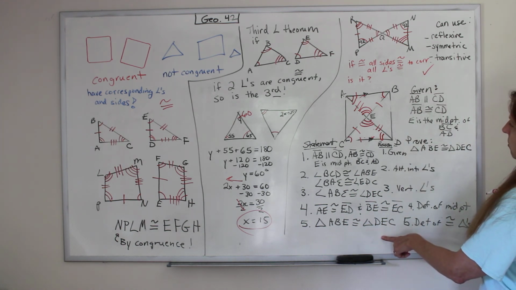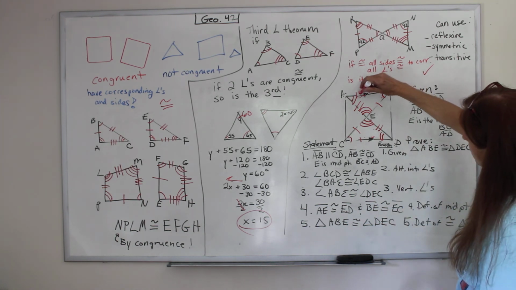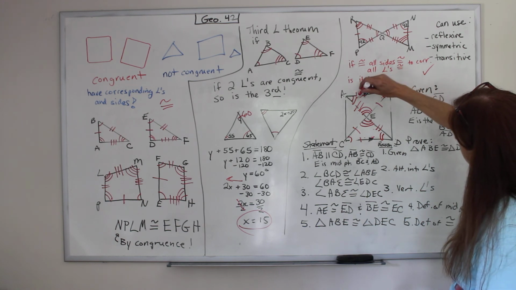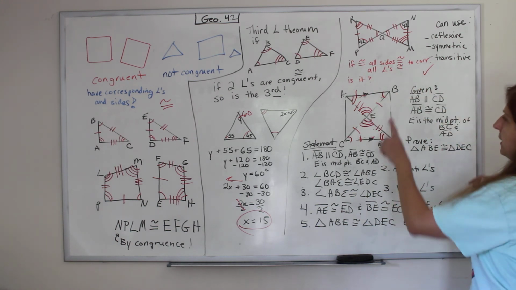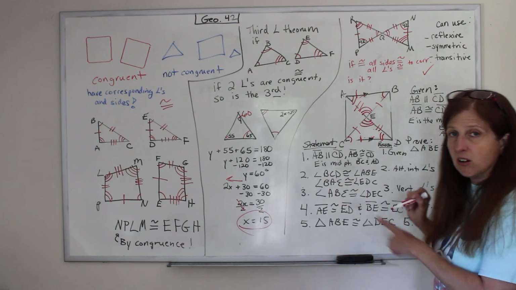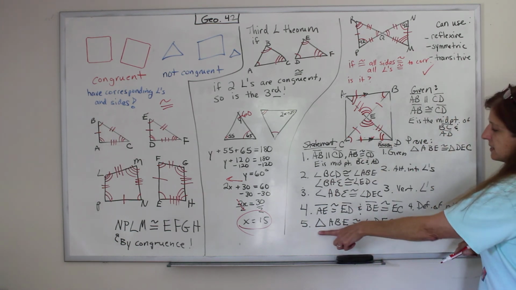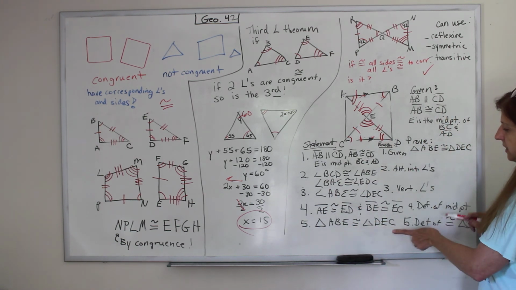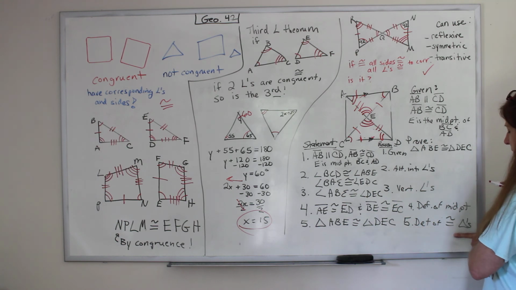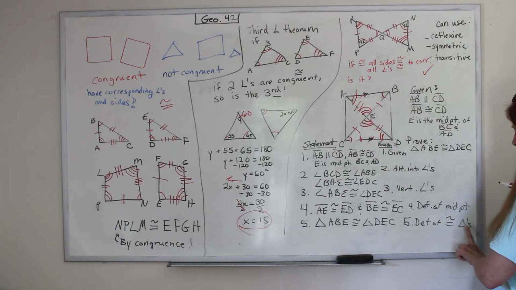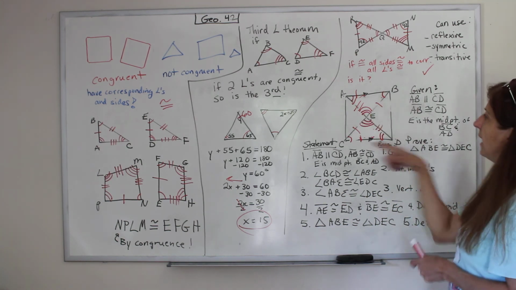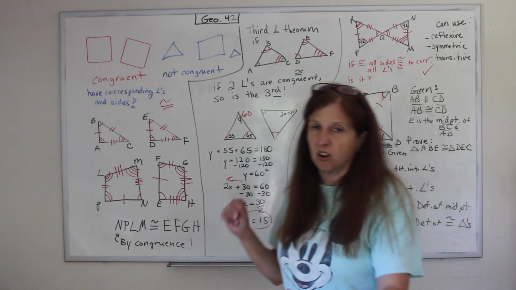And we already knew that this was congruent to that. So we know all angles and all sides are congruent. So we can say triangle ABE is congruent to DEC because that's the definition of congruent triangles. All angles and all sides are congruent.